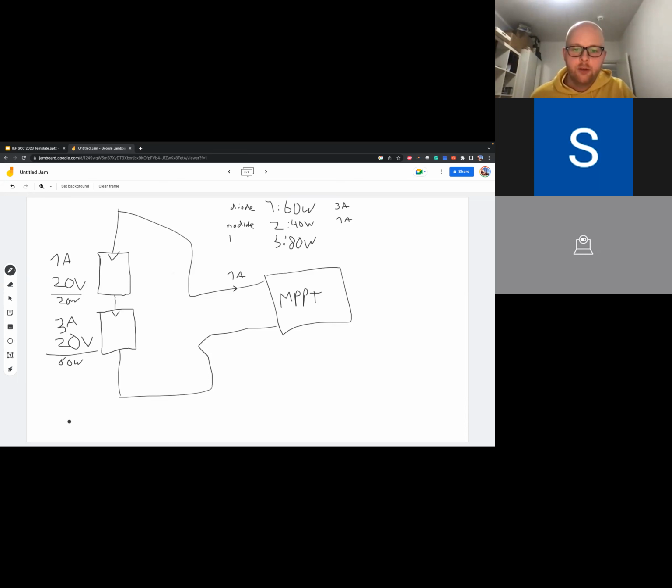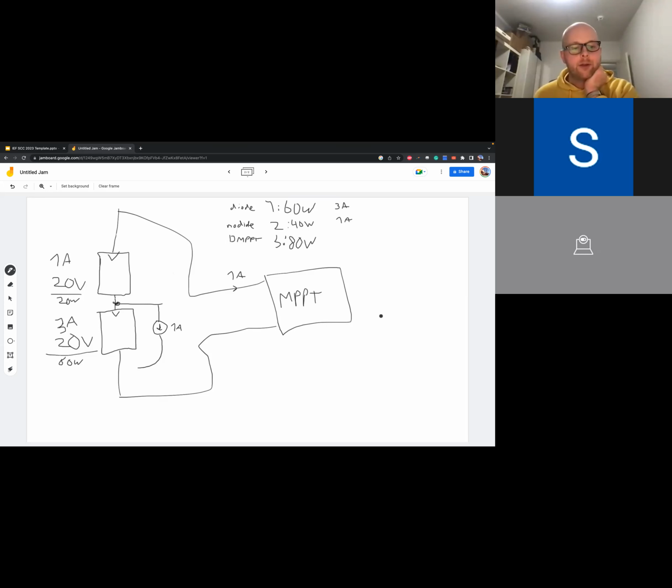It's the thing they use in research. But then what you have to do is fix the issue of this difference in current. So what you want to do is you kind of want to steal 1 amp from the bottom one.